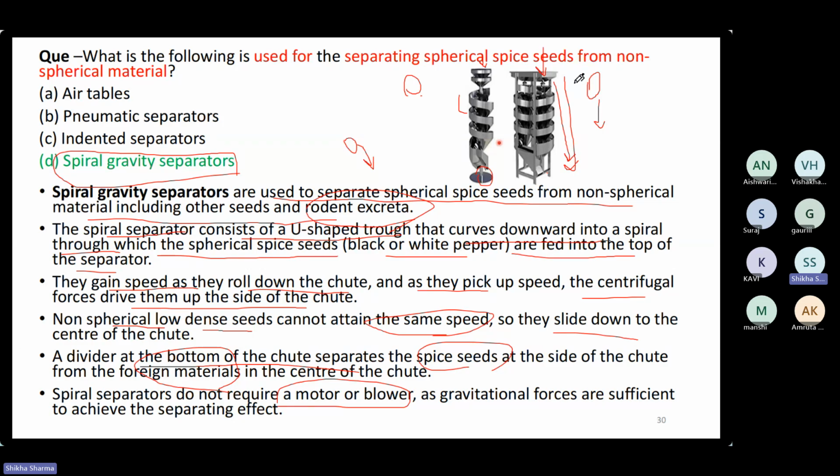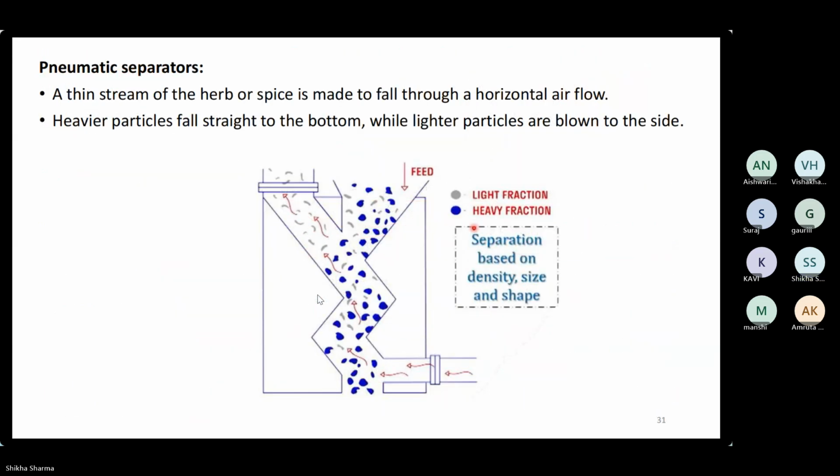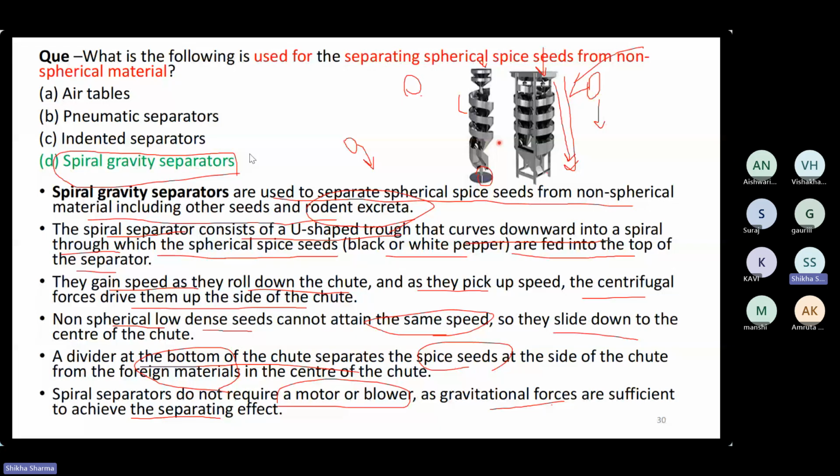It is a very energy-efficient process because the separation happens with the help of gravitational forces and centrifugal forces. So this is the correct answer, which is spiral gravity separators.